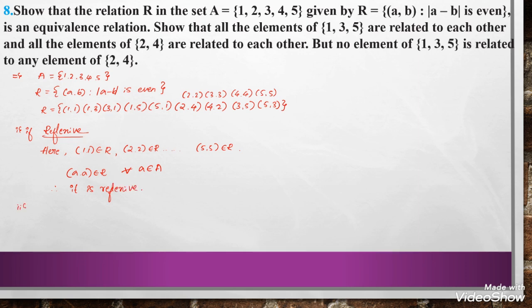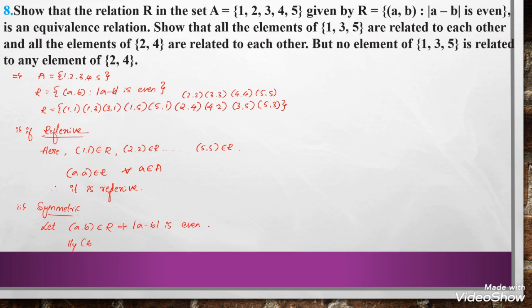Similarly, for the second condition, symmetric. For the symmetric condition, I will check here. Let A, B belong to A. The condition mod of A minus B is even.